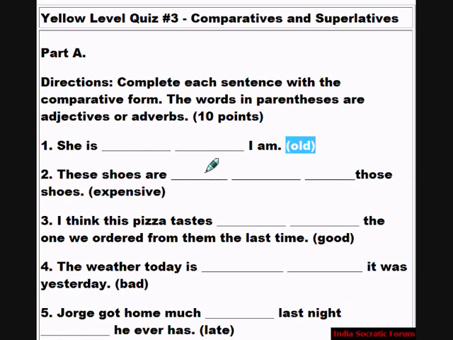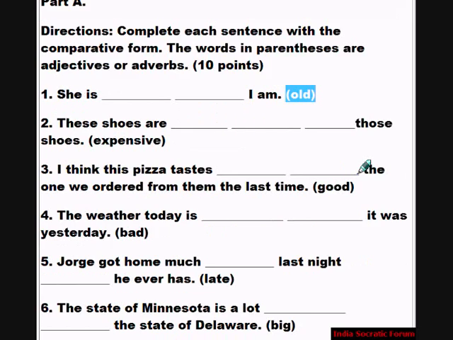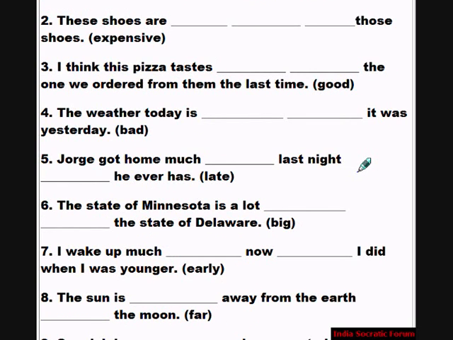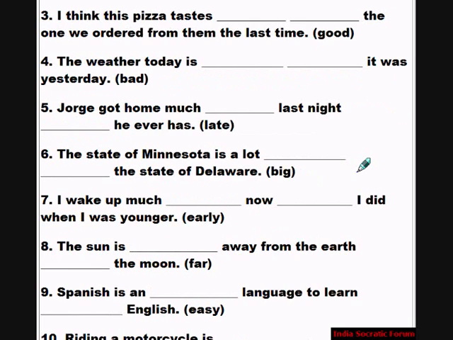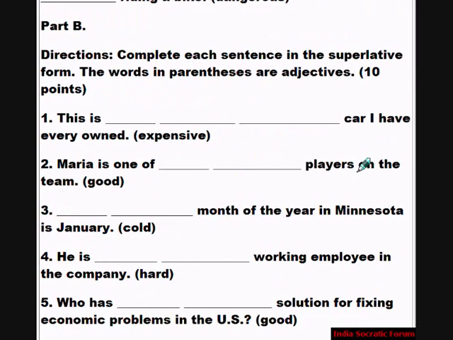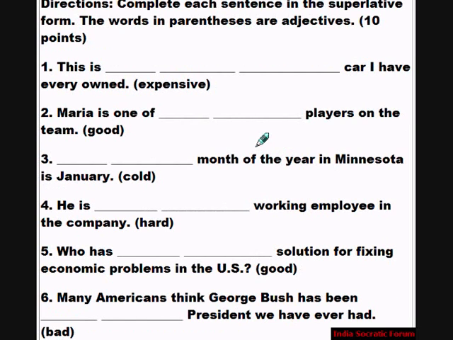Pause the video and start the quiz. Part B. Complete each sentence in the superlative form. The words in parentheses are adjectives. Pause the video and complete the sentences using the word.